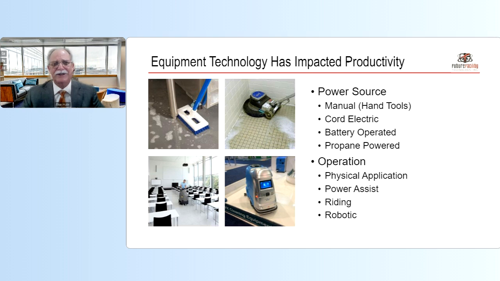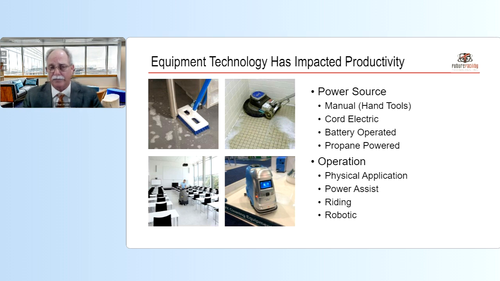Then we get into equipment technology that impacts productivity. Sure, you can do everything manually with physical application, or you can move up to cord electric, which has a power assist. And then you could go one step further to a riding machine, which might be more efficient in an airport, for instance.